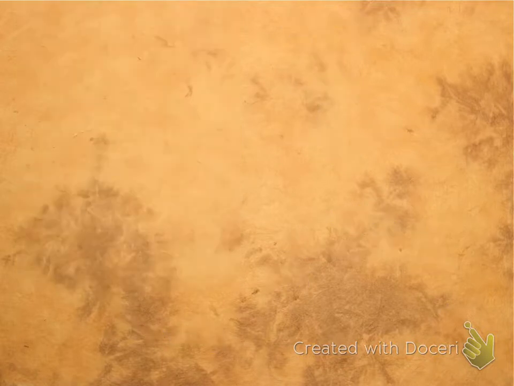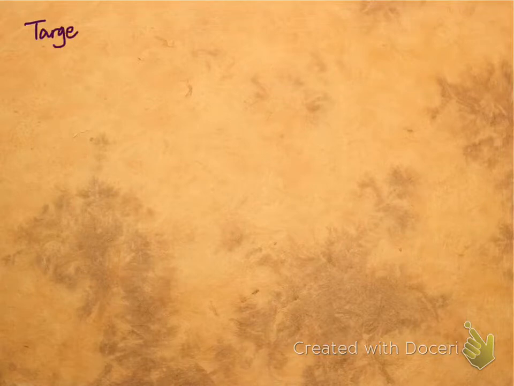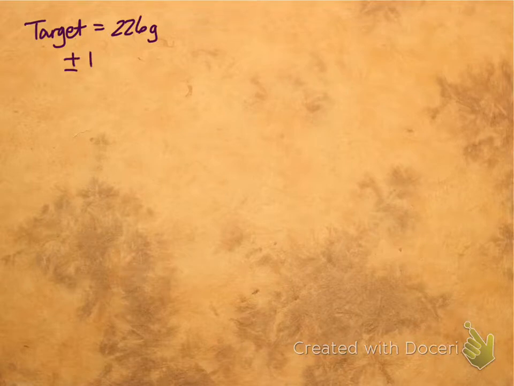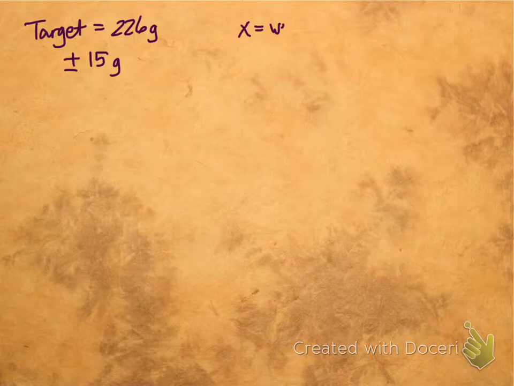So our target is 226 grams. That's what they're telling us. It could be plus or minus 15 grams. So what we want to know, let's come up with an equation. We'll say x is the weight of my box, or weight of our box if we just bought this. Okay, weight of our box.